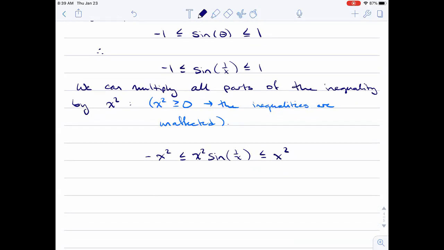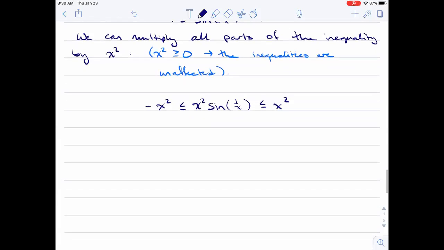You can probably tell that both of those are going to be 0, right? And so, well, if x squared sine 1 over x has to be between 0 and 0, well, the limit must be 0, right?